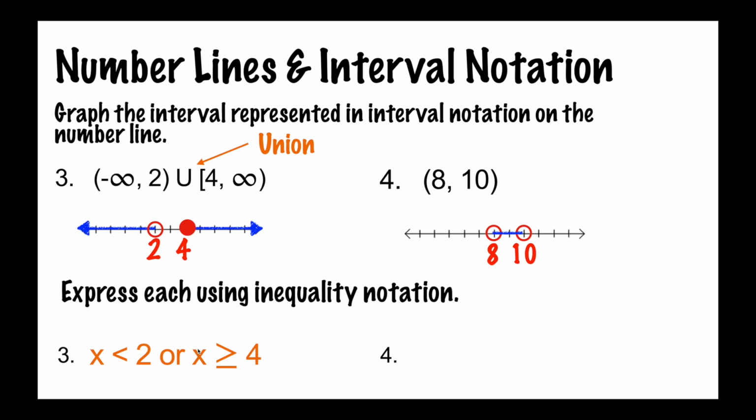So that's where I get x is greater than or equal to 4. And then over here, because there's only one segment here, I'm only going to have one statement down here. We start out with 8. The values for x have to be bigger than 8, but not equal to 8, and then smaller than 10. So we fill it in this way. We show that 8 is less than x and less than 10.